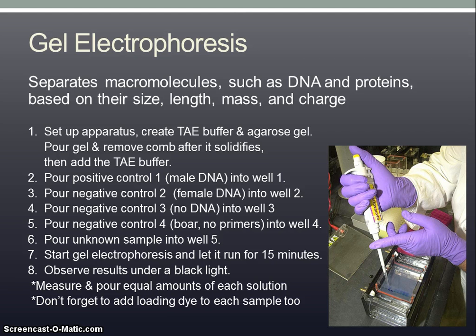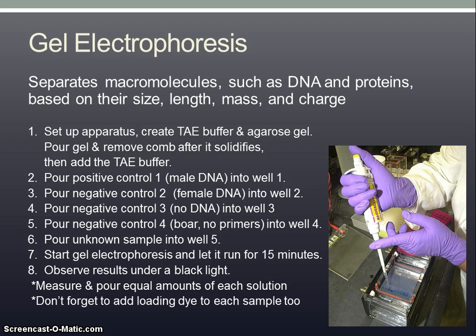And negative control 4, which contains boar DNA but no primers, is going to be poured into well 4. And we're going to pour our unknown sample, or test sample, which we don't know if it contains sow or boar or both, into well 5, and then we're going to start the gel electrophoresis and let it run for 15 minutes, give or take.